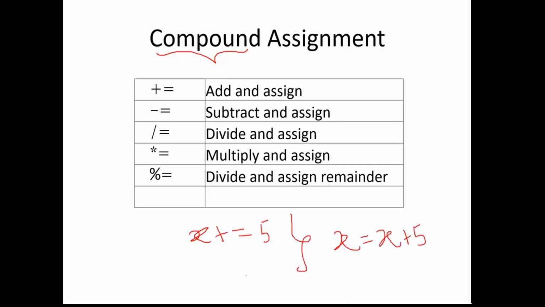So these two sides are similar. You can either use this one or write it like this. And here also, if you say x minus equal 5, that means x equal x minus 5. Similarly, you can use these other operators also.